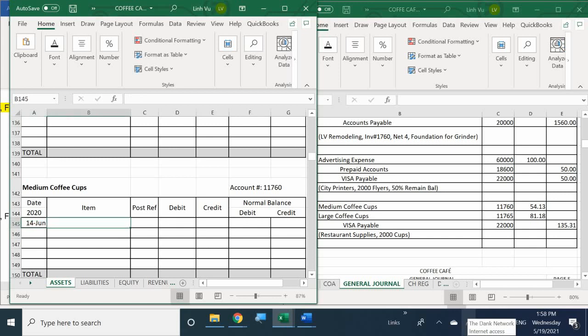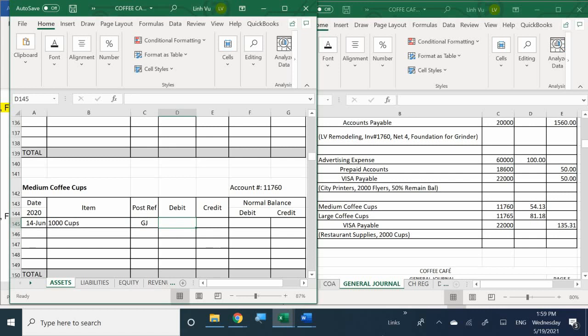So in this case, I want to indicate that I purchased 1,000 cups at 5 cents each. With the tax, 4.13. Whatever information that you'd like to put on there, you may do so. I'm just going to make sure that I say I just bought 1,000 of them.